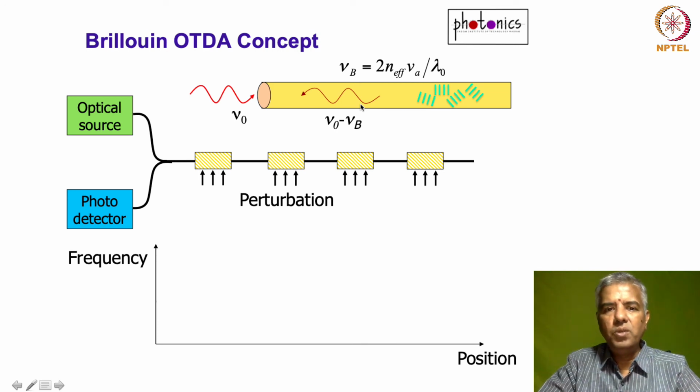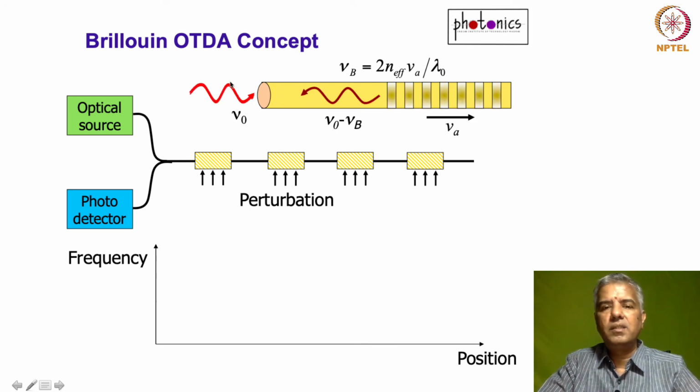Now, if you increase this intensity, that standing wave pattern is going to have a higher amplitude in terms of the field, and there is a process called electrostriction.